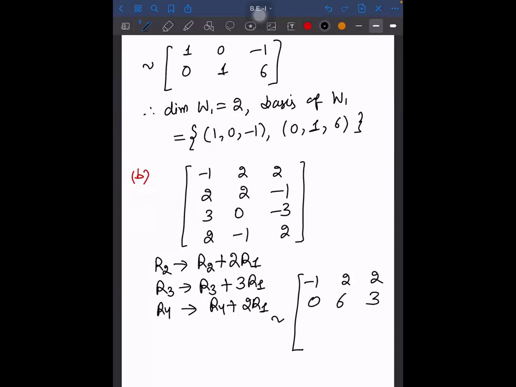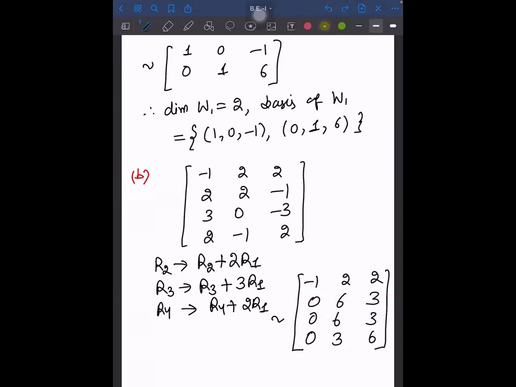Similarly, 3, 0, 3, 6, right? So this will become 0, 6, and 6 minus 3, so this will become plus 3. Again, 0, 4 and 2, and this will be 3, and this will be 6. Now you know that one of these two rows can be eliminated, right?